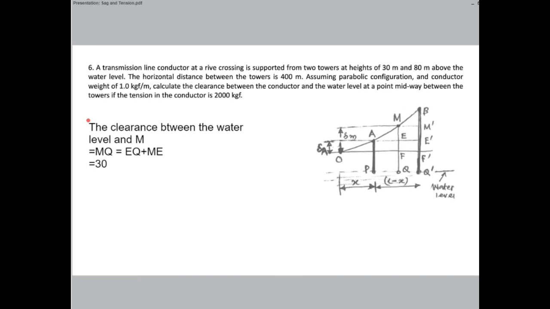And ME is the difference between these two, delta M and delta A. So plus delta M minus delta A. So that's 30 plus 15.5 minus 0.5, that should give you an answer of 45 meters. You get this value now.